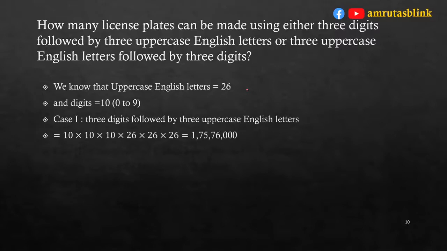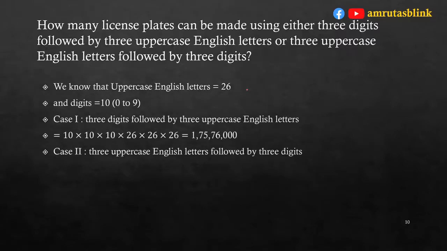Now there is a second condition also, that is case 2, 3 uppercase English letters followed by 3 digits. So 26 into 26 into 26 followed by 3 digits, that is 10 into 10 into 10. So again this multiplication, 26 cube into 10 cube, will give you the result as 1 crore 75 lakhs 76,000.